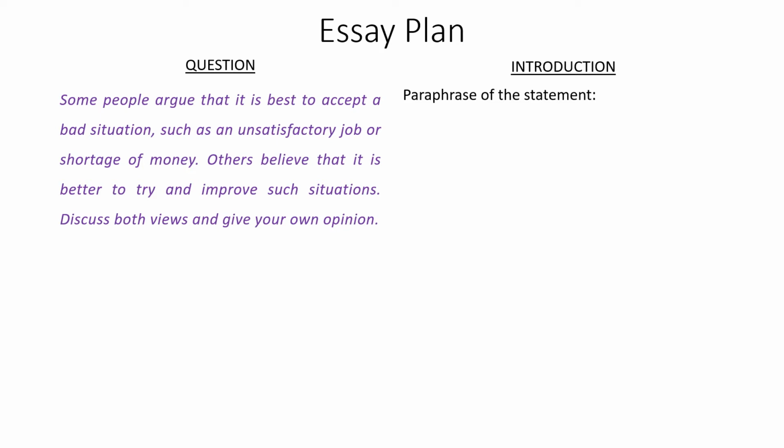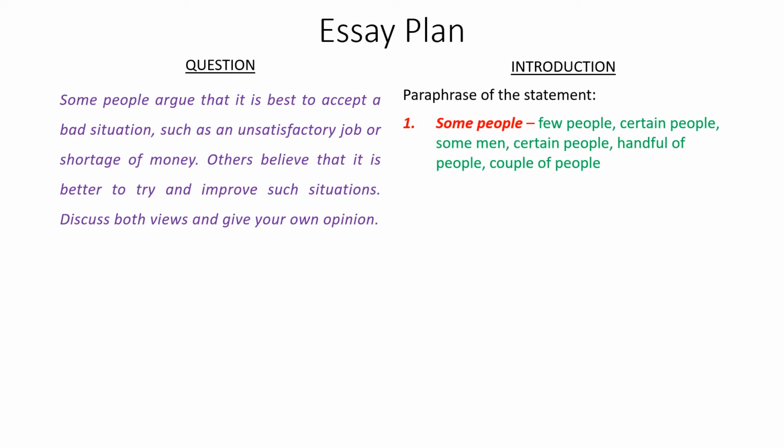Firstly, I would like to start off with the words some people. The synonyms which could be used for this are few people, certain people, some men, handful of people, couple of people. The next keyword which I am going to paraphrase is accept.